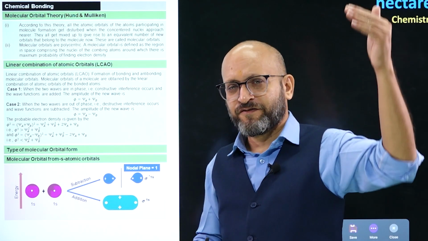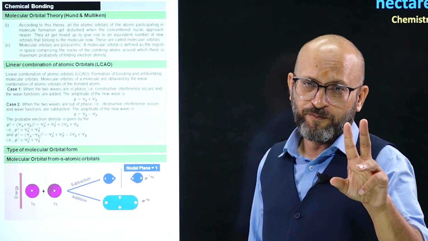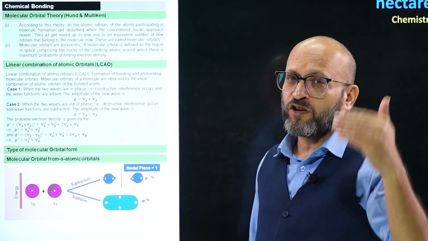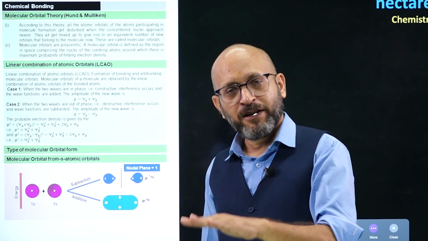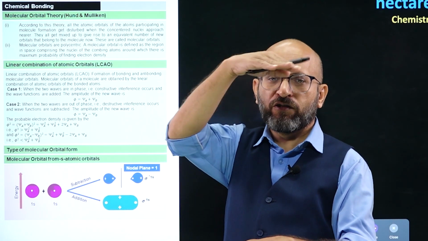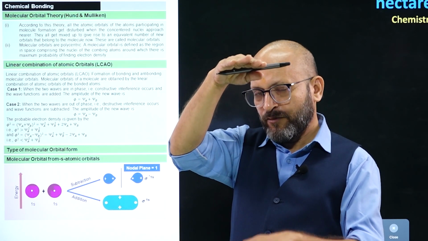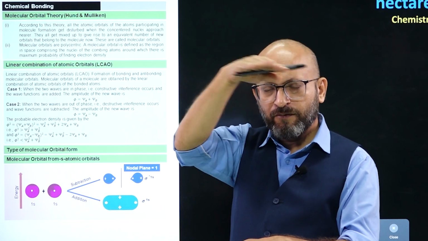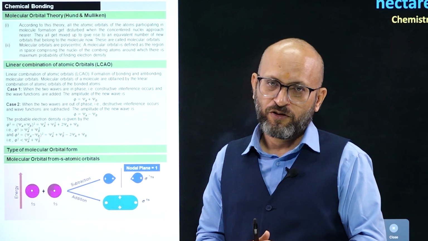Not much difference should be there. So 1s combines to give two types of molecular orbitals. One is bonding molecular orbital and the other is anti-bonding. Bonding molecular orbital will be the lower energy orbital and anti-bonding molecular orbital will be the higher energy orbital. So bonding is low energy, anti-bonding molecular orbital is high energy. So stable, of course, is the bonding molecular orbital.